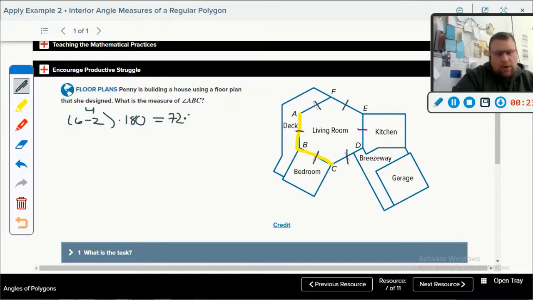That's 720 degrees. Here's what else we know. All these sides are the same length, which means it's a regular hexagon. So that means every one of these angles, by definition, is going to be the same.